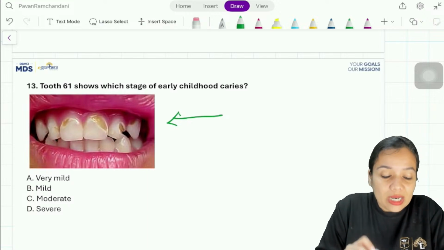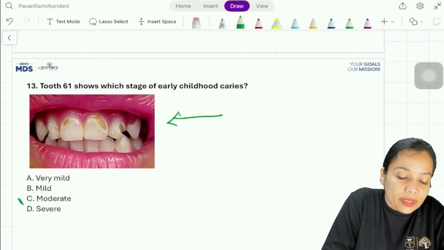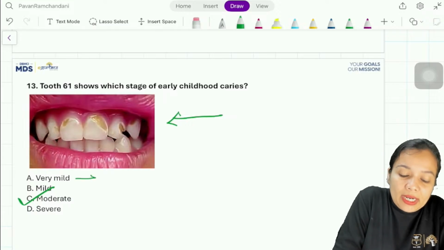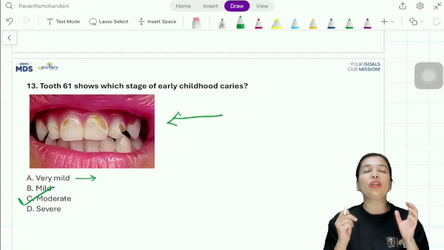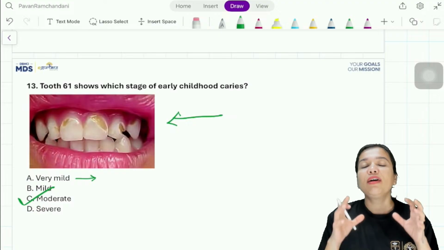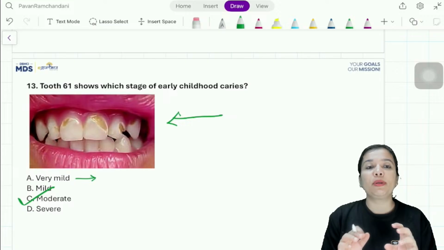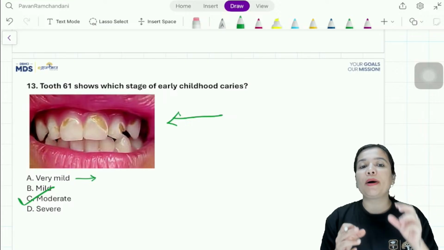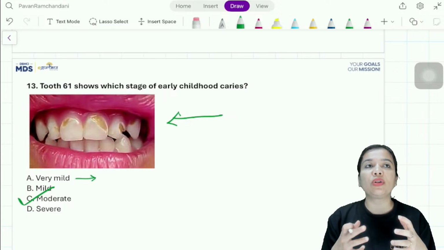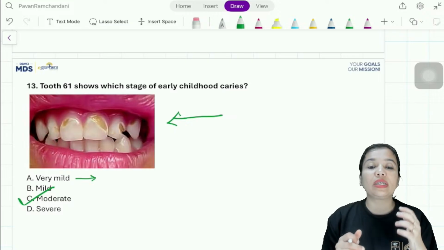The answer here is C, moderate, because in very mild you will not be able to see any frank visual changes. Only demineralization of some part of the tooth will be seen, which stands out only when the tooth is dried.